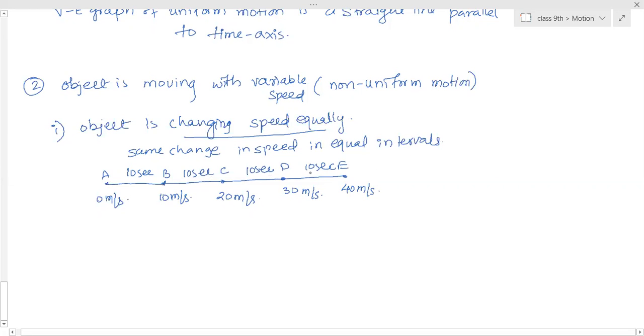The interval is the same, 10 seconds, 10 seconds, 10 seconds, but the speed is changing by an equal value. So the difference in speed is the same, right? This type of motion is called uniformly accelerated motion.